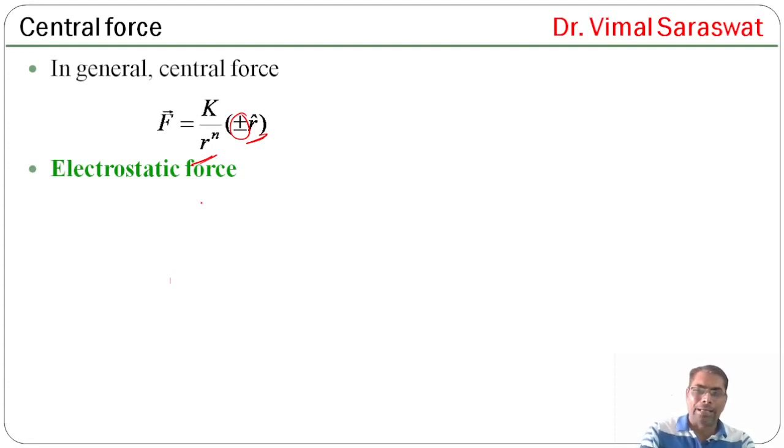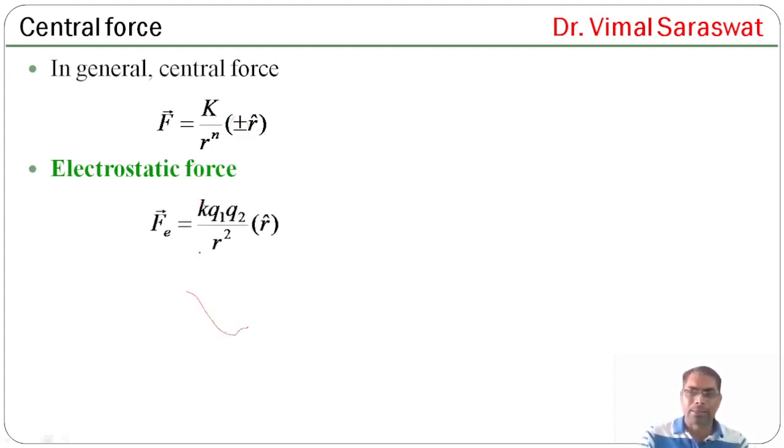Now, if we take electrostatic force as central force, then electrostatic force is F equal to k q1 q2 upon r square into r cap. If we consider these two equations, it is clear that this K is replaced by k q1 q2.